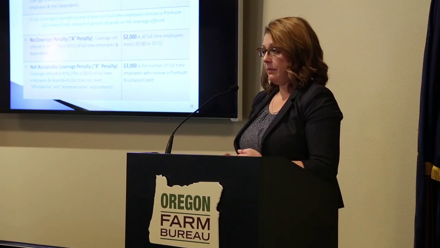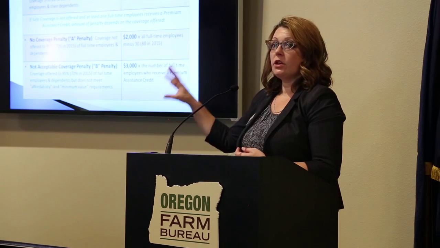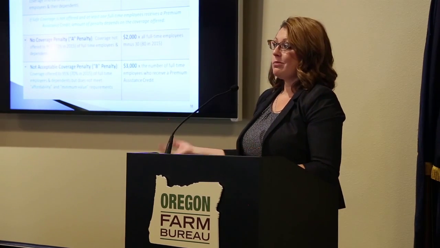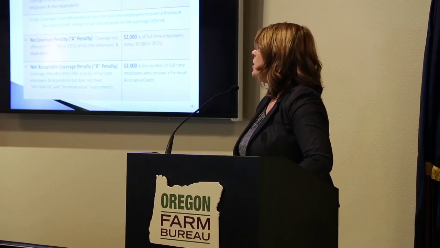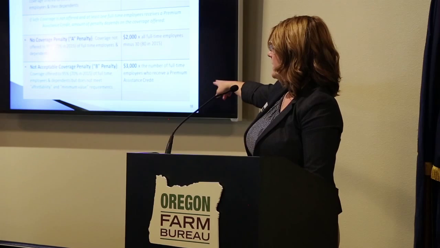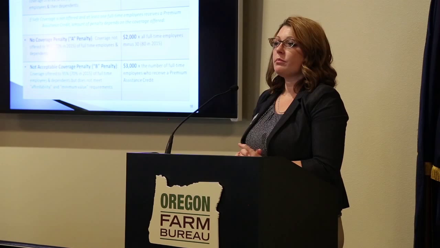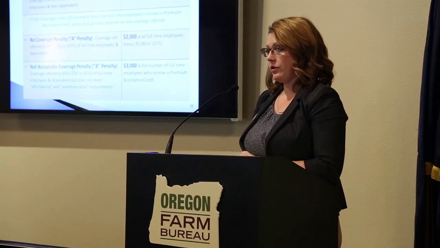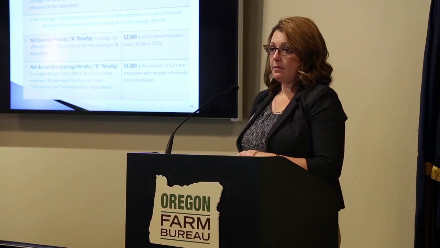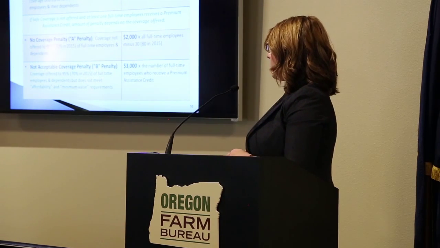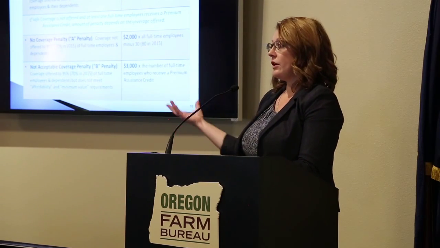It's kind of crappy insurance, and you pass along a lot of the cost to the employee, which means the employee probably won't take it because it's expensive and it reduces their take-home pay, but it gets you out of the A penalty and you're down into the B penalty, where you're only paying a penalty on the number of employees that gets a premium assistance credit. And so it greatly, vastly reduces your penalty amount, and that is what I see a lot of agricultural employers in the area doing if they're a large employer.